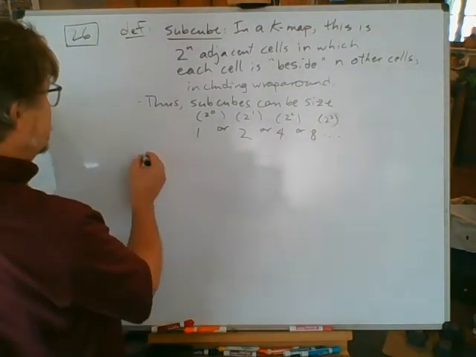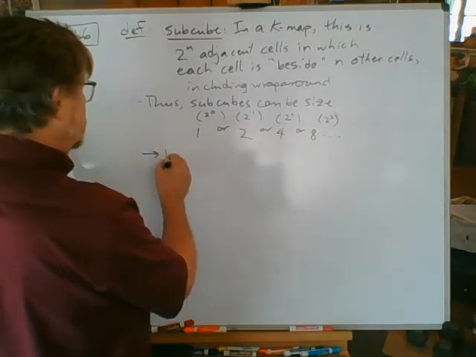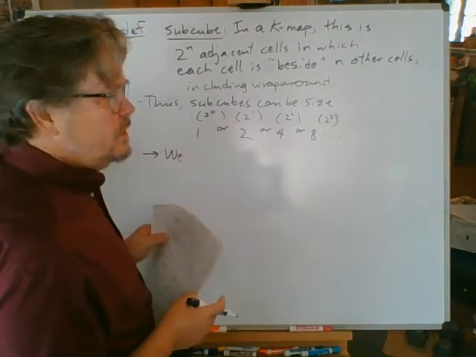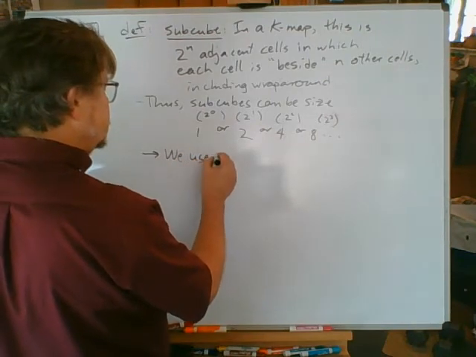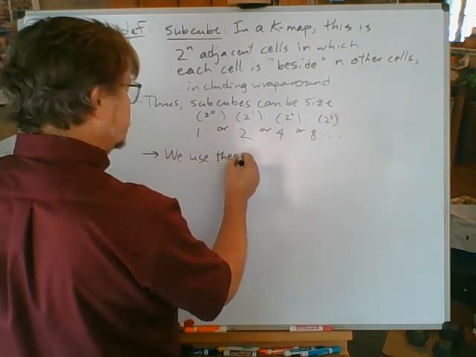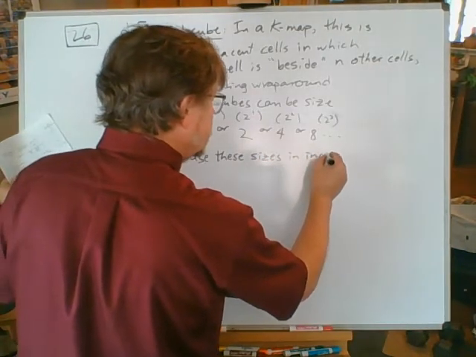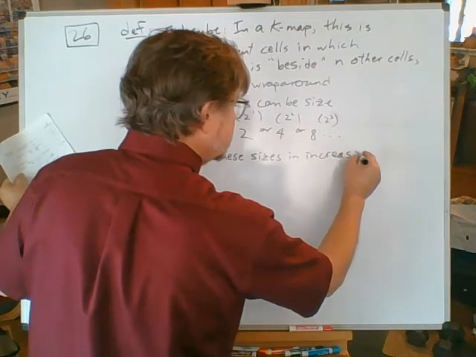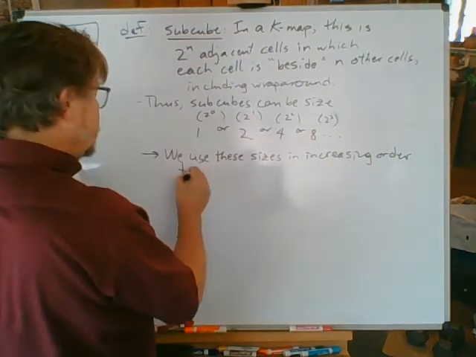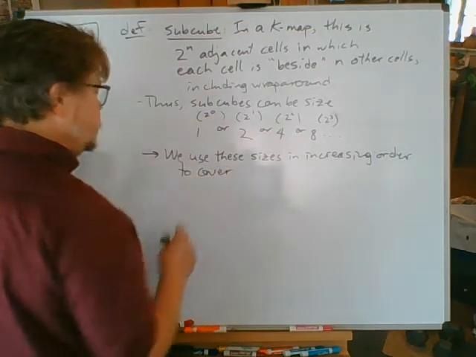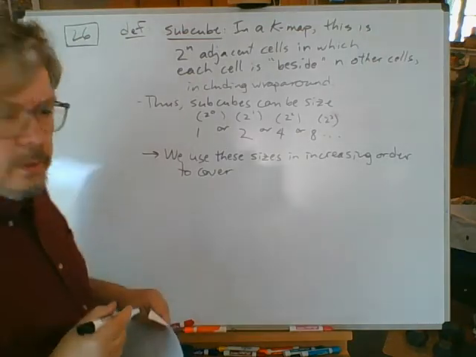How do we decide which size to use if there's more than one size? And this is going to sound kind of confusing again. We're going to have to look at examples so this makes sense. We use these sizes in increasing order, E-A-S-I-N-G, order, to cover, and that's the term that's used. I won't put that in quotes. Cover is when you draw a circle around it, one of those weird looking multicolor circles.